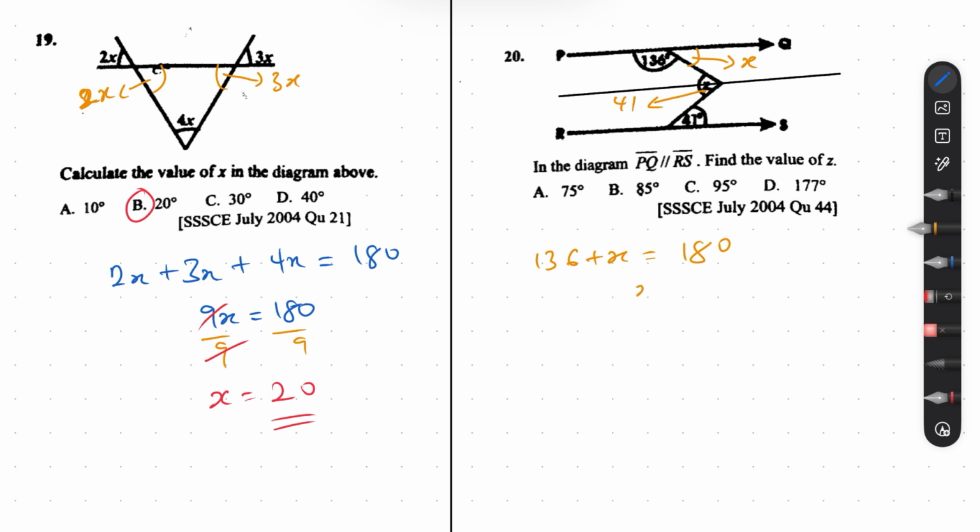So X is equal to 180 minus 136. Now we find X to be 44.